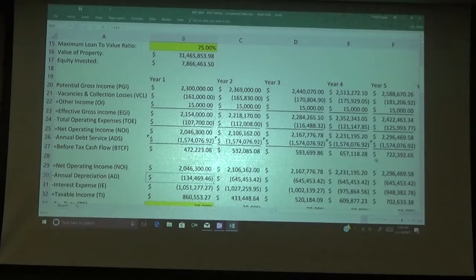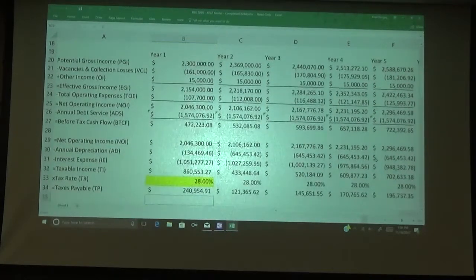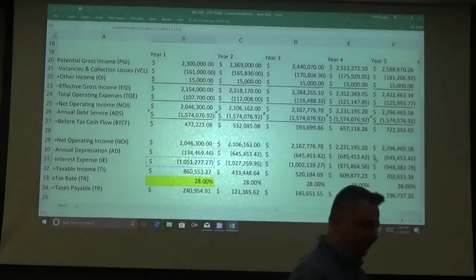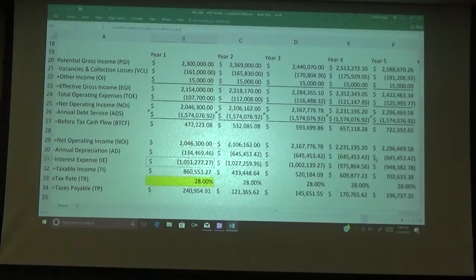Now, this next one, I'm going to explain what we're doing here with these little calculations, because you're probably wondering why we are doing all these weird little calculations here. But I'm going to come to that in a second. One of the things that we need to do is to calculate interest expense. Now, how is interest expense different from your mortgage payment or your debt service?